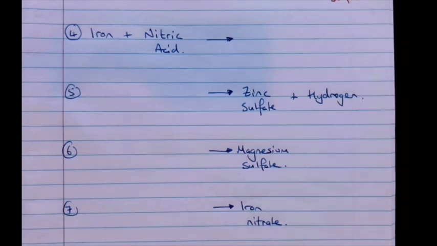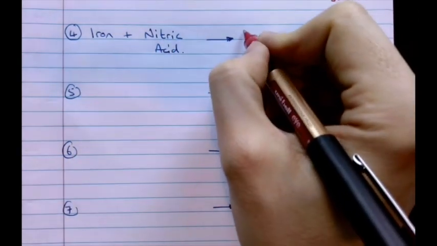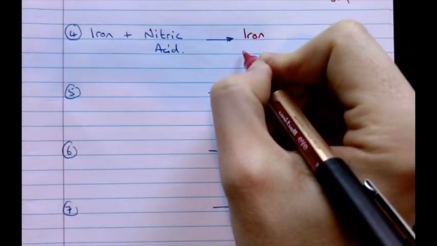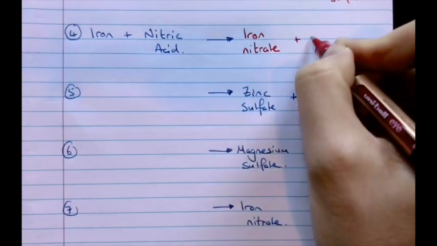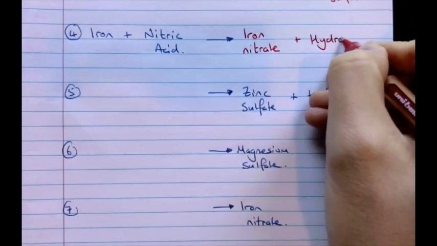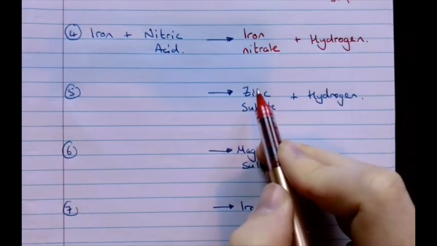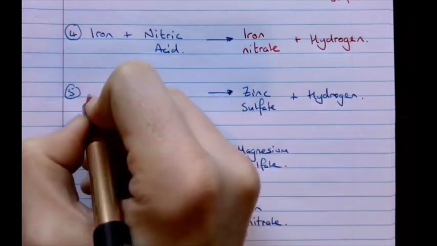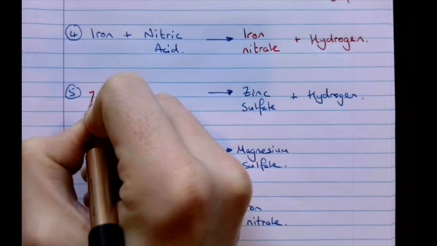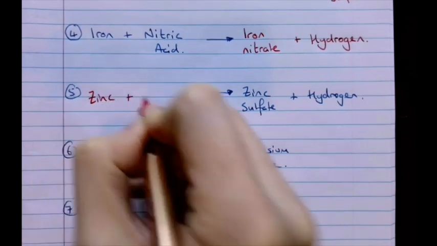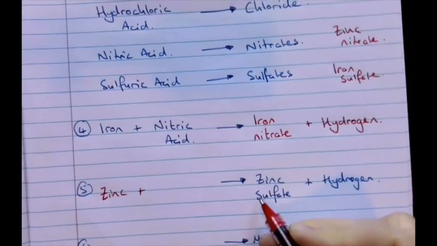Okay, so you should have got iron plus nitric acid would give you iron nitrate plus hydrogen. Remember that's going to bubble off as gas. If I make zinc sulfate, I must have started with, so the first part is my metal, so I must have started with zinc, and it's sulfate, so if I look up here, which acid gives me a sulfate?